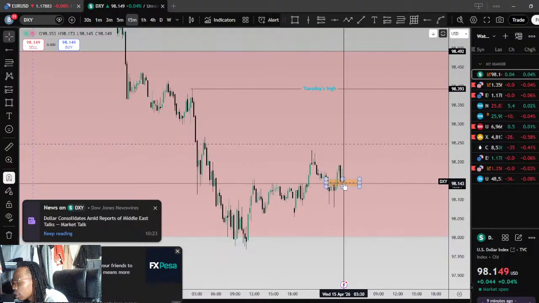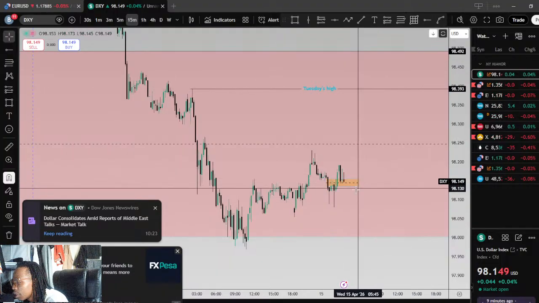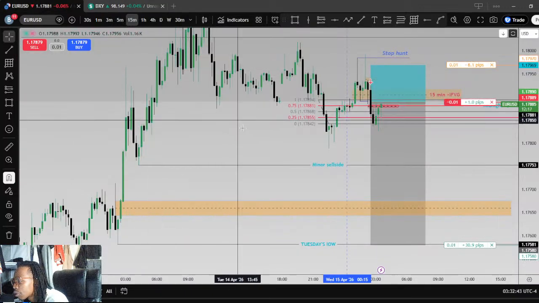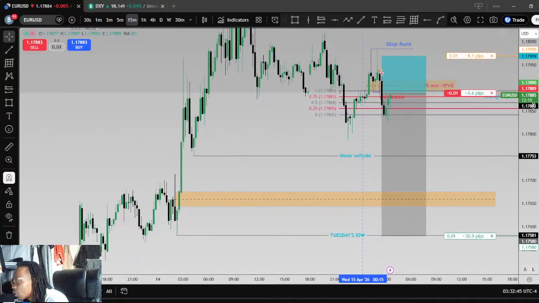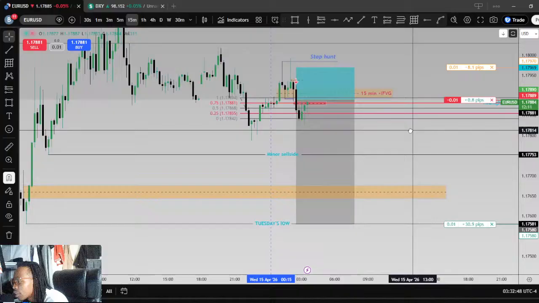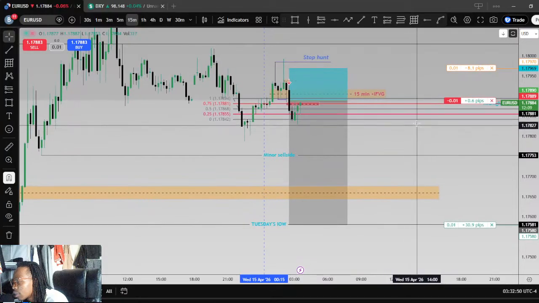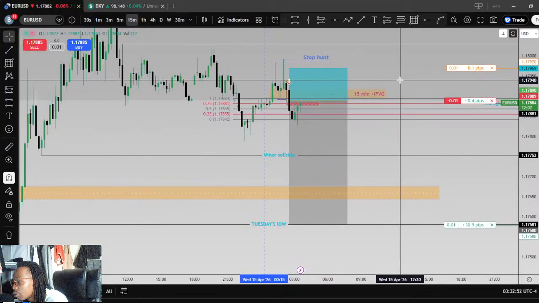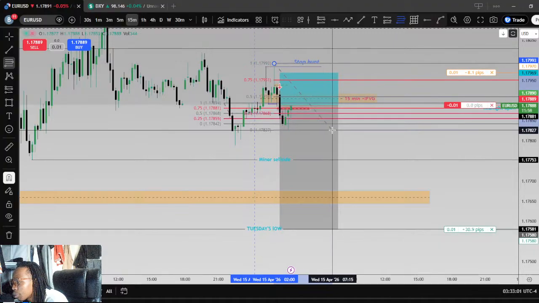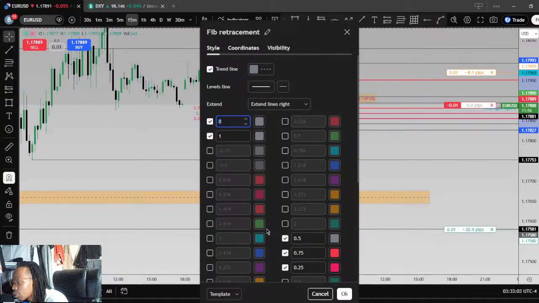Look how DXY is staying above that fair value gap. I'll be willing to hold this anytime. I'll hold it till I get tired. So my stop loss I think will be, let me now evaluate where my stop is at, where I can see price tracing back to some OTE here.